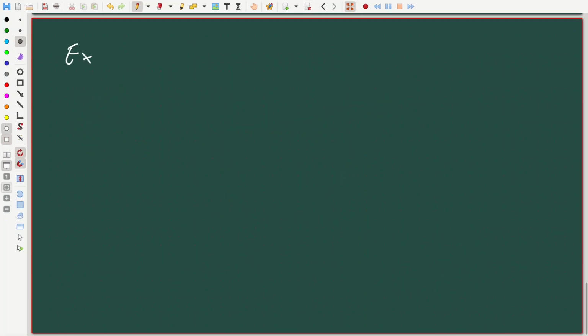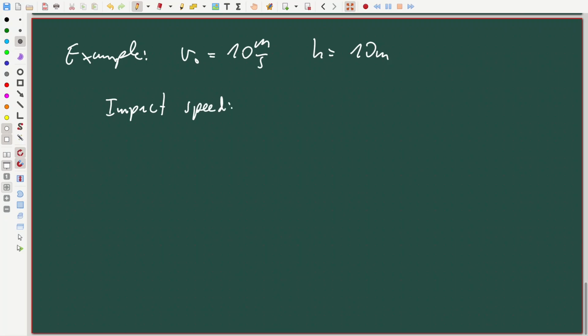And again, I would like to make an example for clarification. So we use again this person standing on the roof, and again we will use an initial speed of 10 meter per second, and a height of 10 meter. Then our impact speed vi would be given, as we have said before, as the square root of v0 squared plus 2gh.